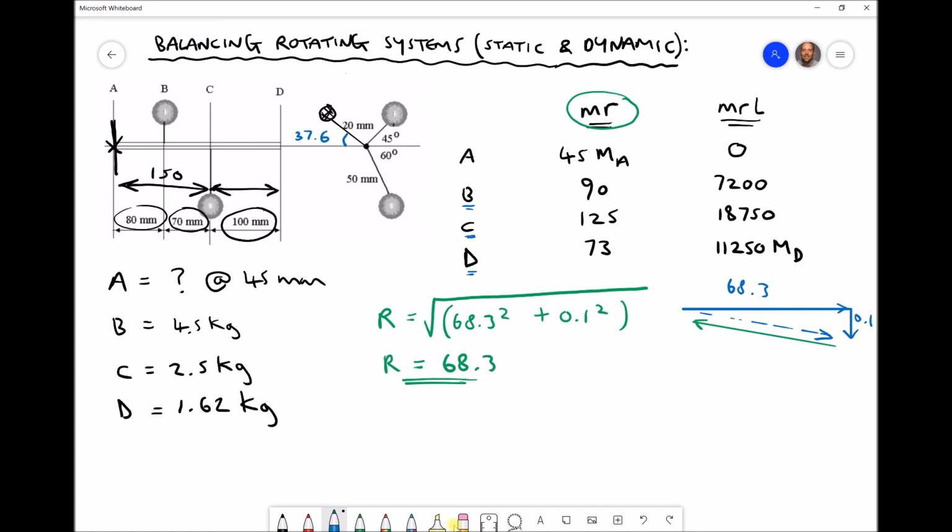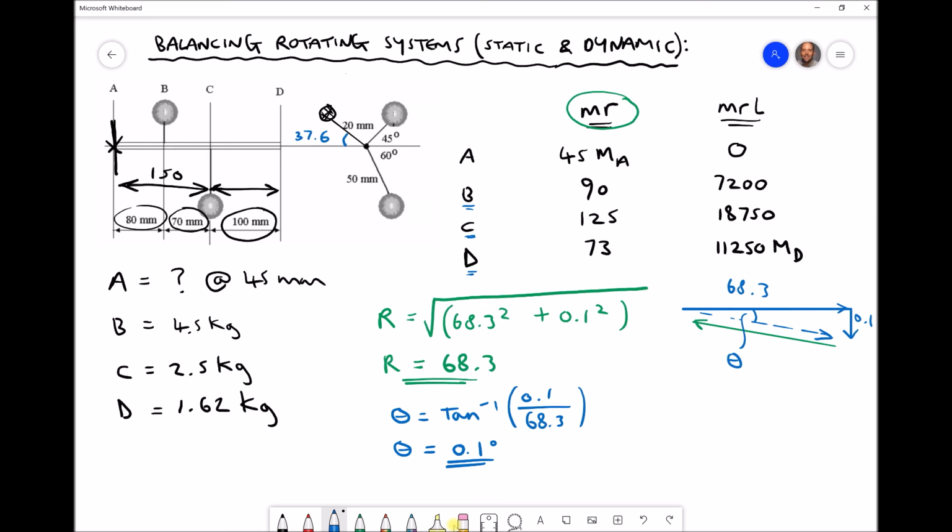Now we can already see that our internal angle here, theta, is going to be negligible, but we'll calculate it anyway for completeness. Tan theta equals opposite over adjacent, therefore theta is tan to the minus 1 of opposite, 0.1, over adjacent, 68.3, giving us a theta value equal to 0.1 degrees.